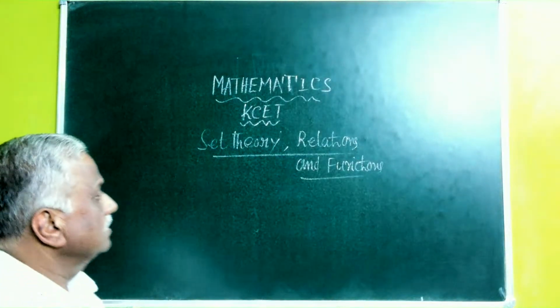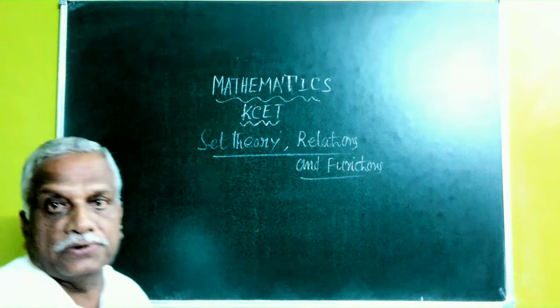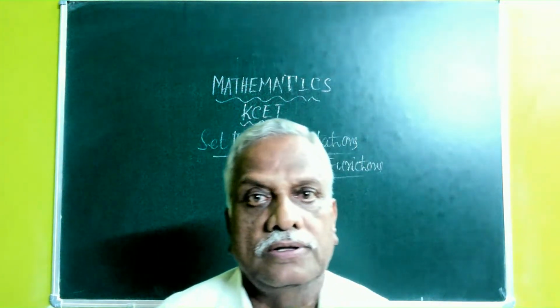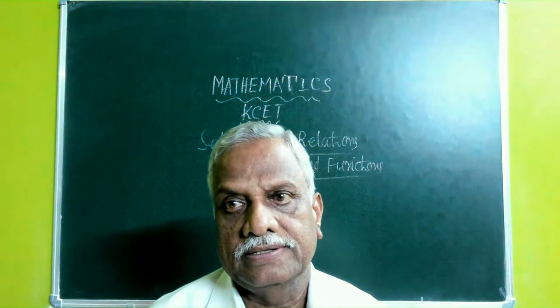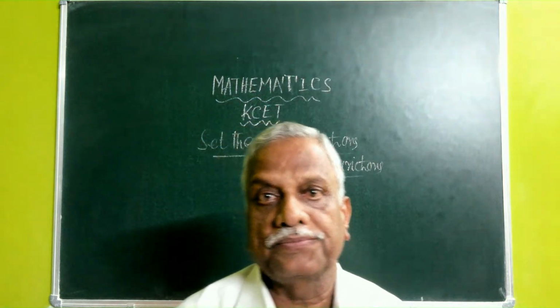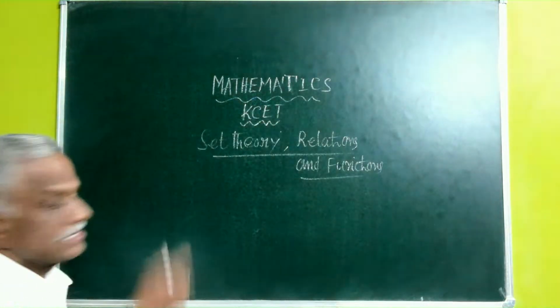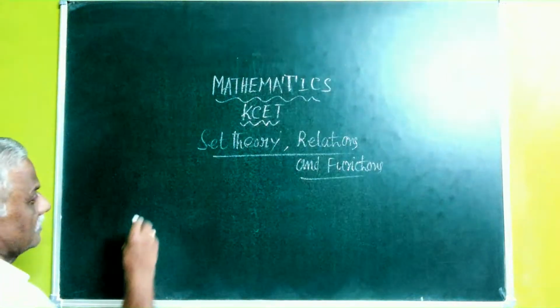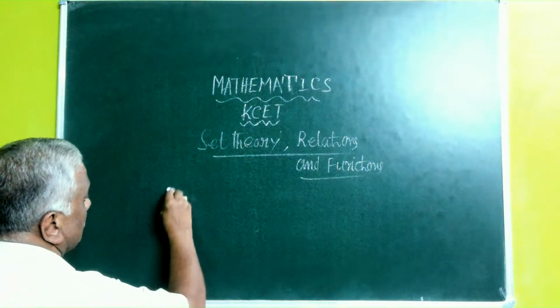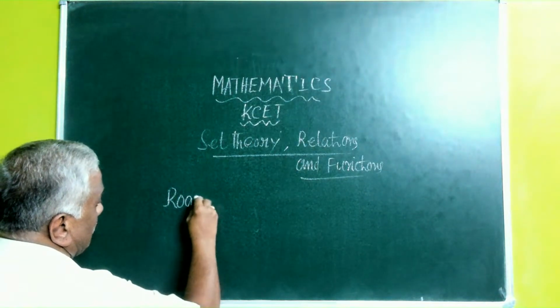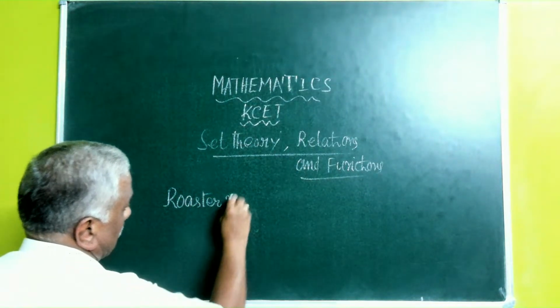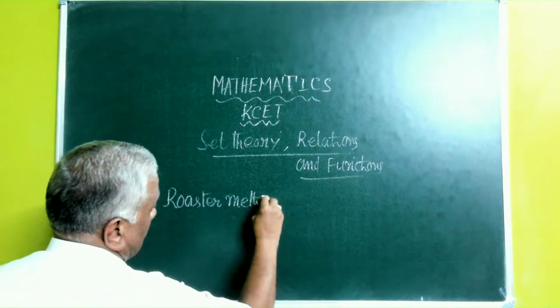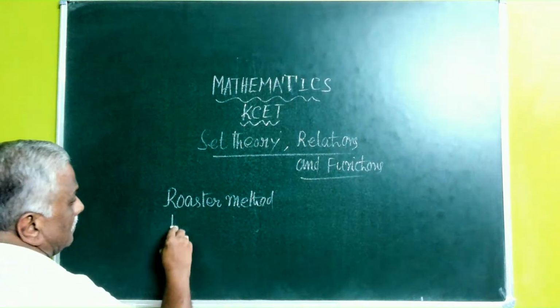Now, what are the things you need to know before we start the actual problems of CET? I'll just list out those things. In set theory, what is called the roster method? I'm just listing them.